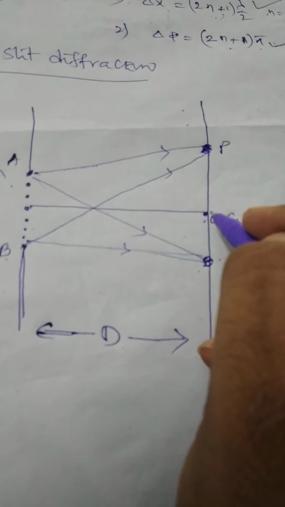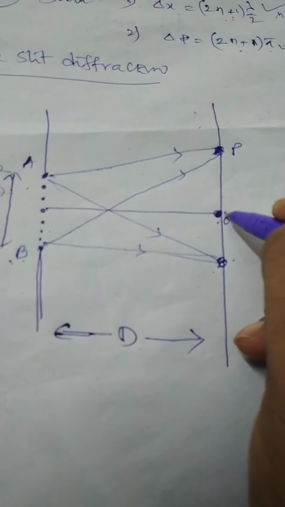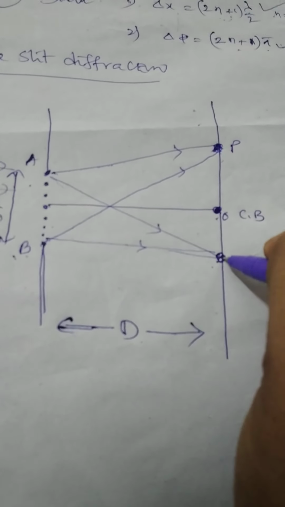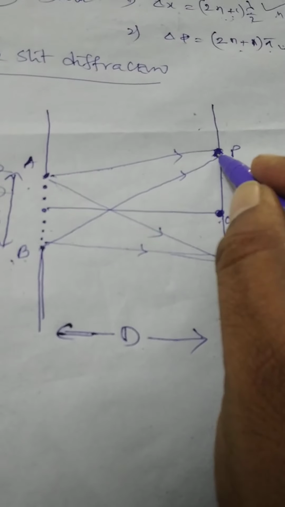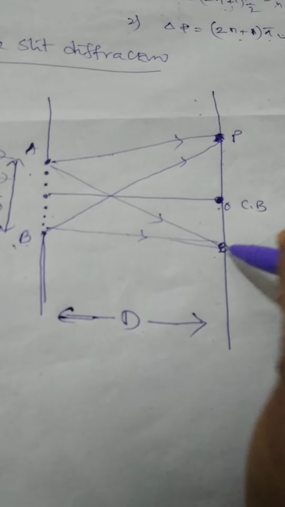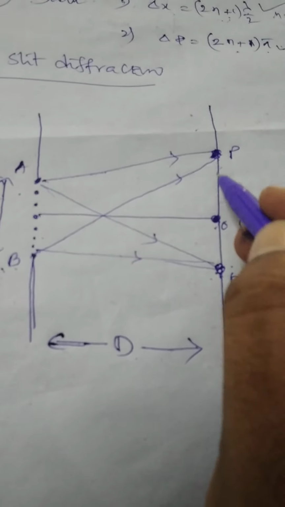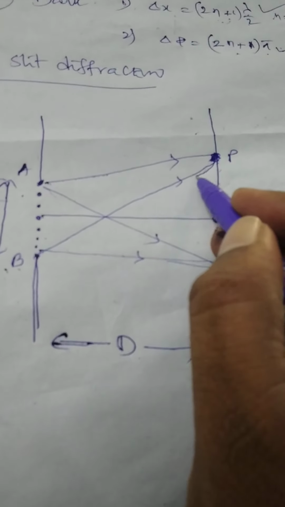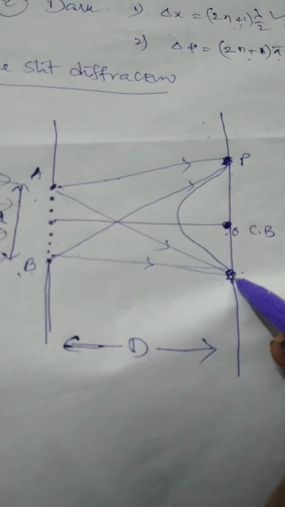In this bright region, at point O the illumination will be maximum, while going from O above or O below, the intensity decreases, and at P the intensity is completely 0, and at Q here also the intensity is 0. That means in between P and Q, the intensity of illumination decreases and goes to 0.